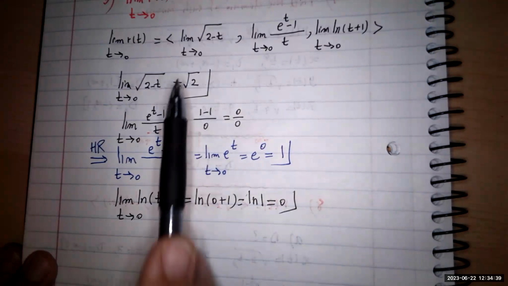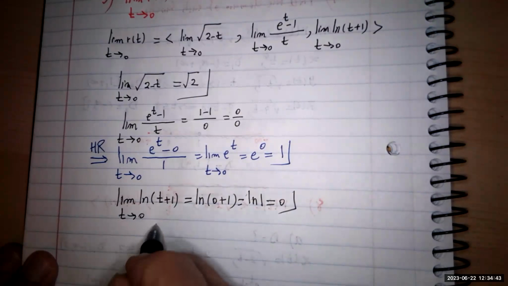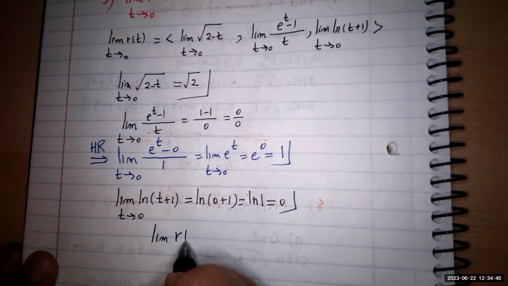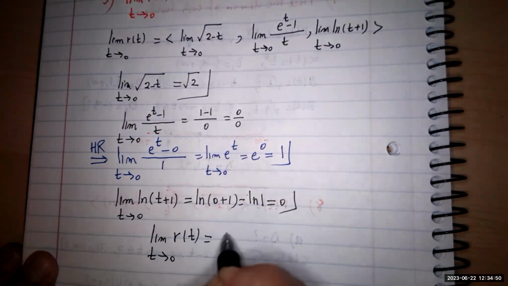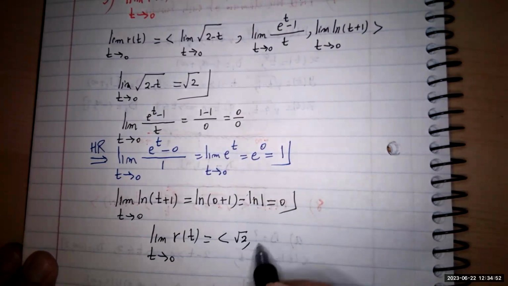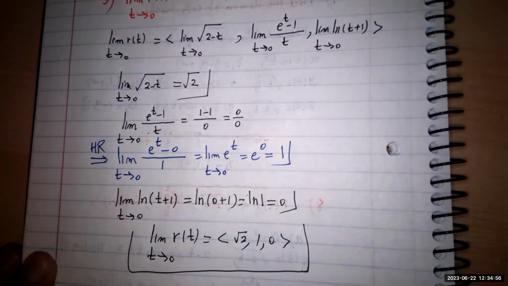So the result, radical 2, 1, 0. So the limit of r of t when t goes to 0 is the vector radical 2, 1, 0. That gives you the final answer.